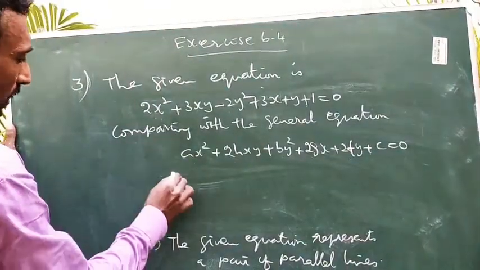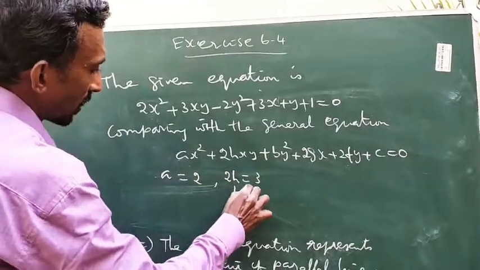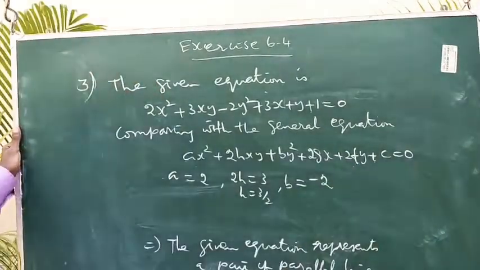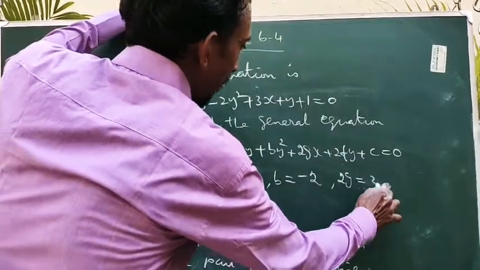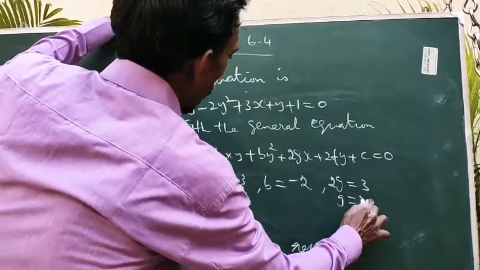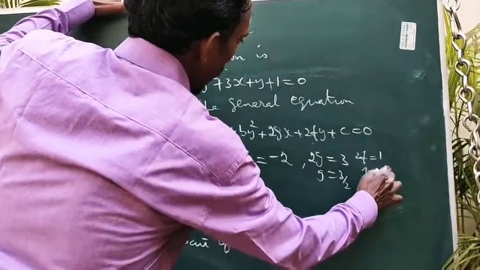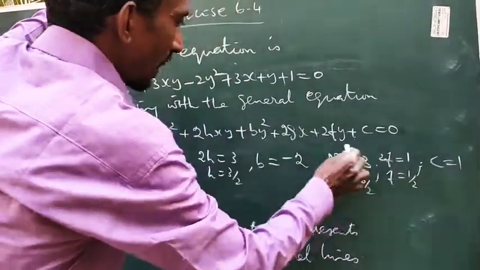In the place of a we have 2, 2h equal to 3, h equal to 3 by 2, and in the place of b we have minus 2. If you want, you can find out in the place of 2g we have 3, g equal to 3 by 2. In the place of 2f we have 1, so f equal to 1 by 2 and c equal to 1, that is not needed.